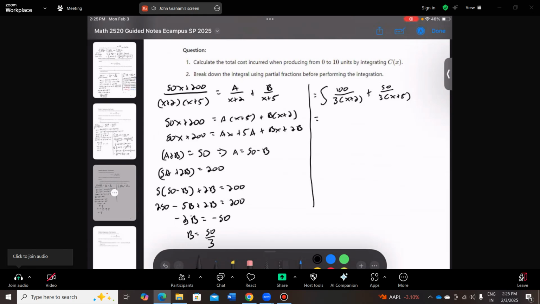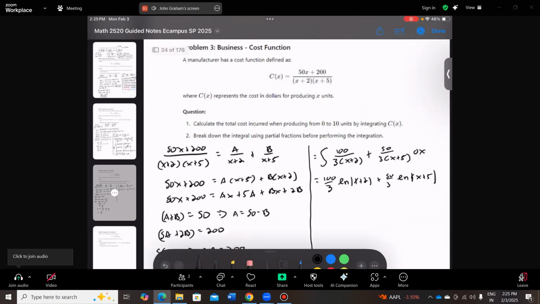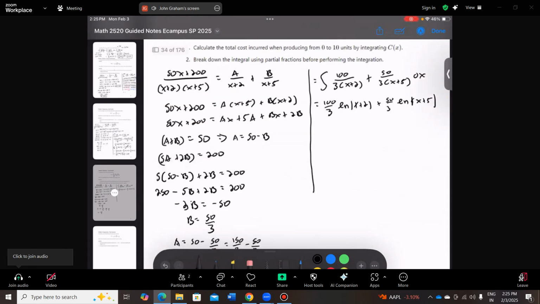So for this one, you get 100 over 3 natural log of x plus 2 plus 50 over 3 natural log of x plus 5. And then we have limits here, since we're evaluating basically the integral from 0 to 10. So we'll plug in 10, plug in 0.